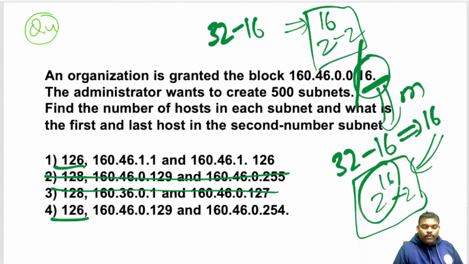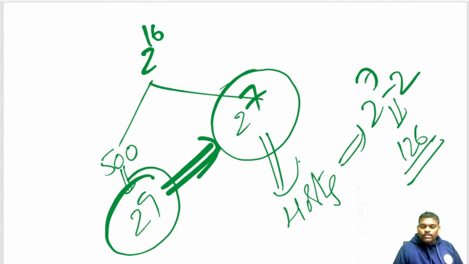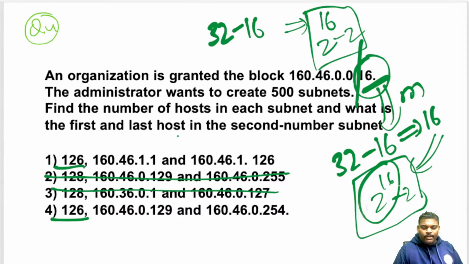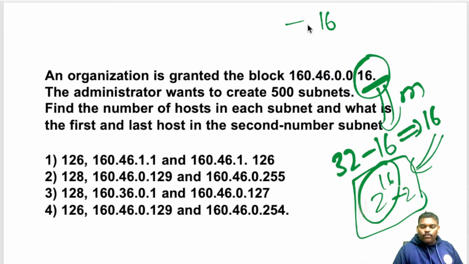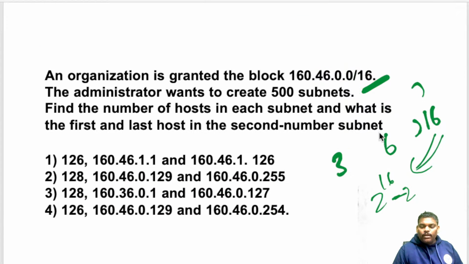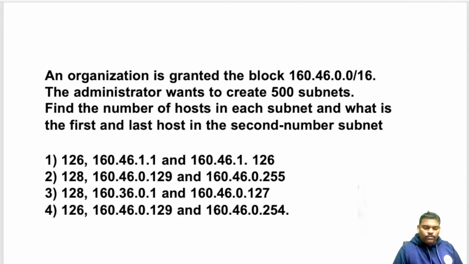So how many bits for host? 7 bits for host. How many bits for subnet? 9 bits. Subnet purpose 9 bits, host purpose 7 bits, right? So I will try to write here itself. Answer is 1 or 4. Remember, 9 bits for the subnet, 7 bits for host.